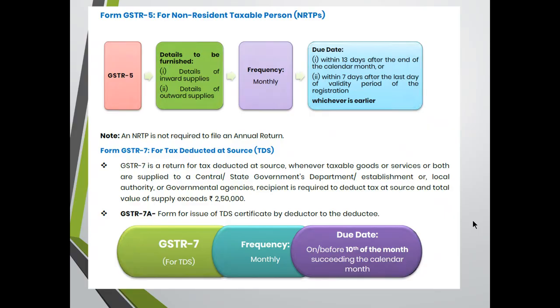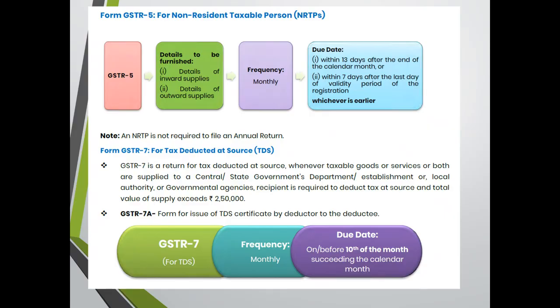GSTR 5 is the return that NRTPs, non-resident taxable persons, would be required to submit.